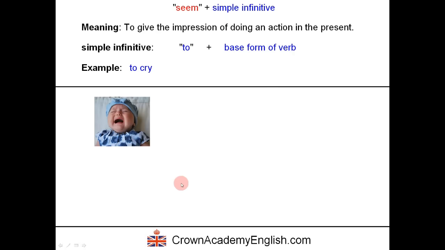So example, she seems to cry a lot. Is she okay? So this means she gives the impression that she cries a lot. Or I have the impression that she cries a lot.